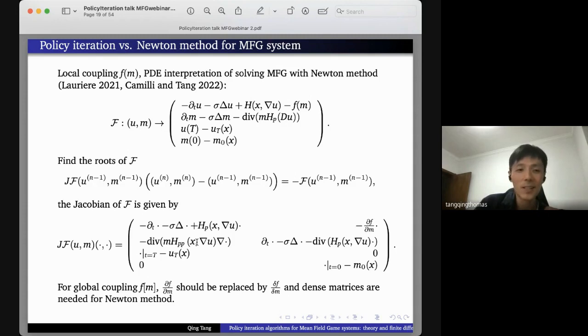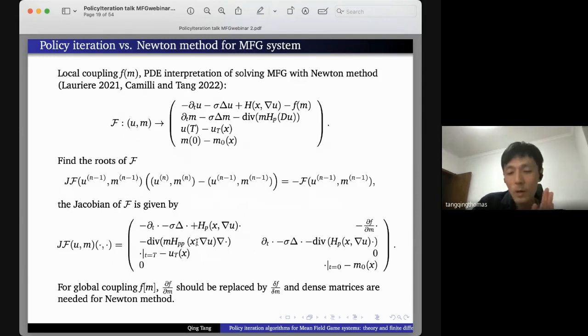In the paper with Camilli, we call policy iteration quasi-Newton method, but in some papers on Newton methods, they call Newton's method optimistic or optimal policy iteration. So there are some intimate connections between these two things, but they are not the same.